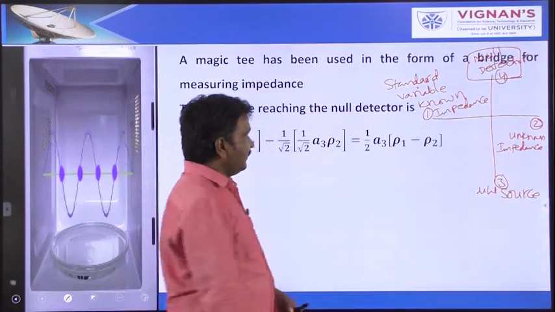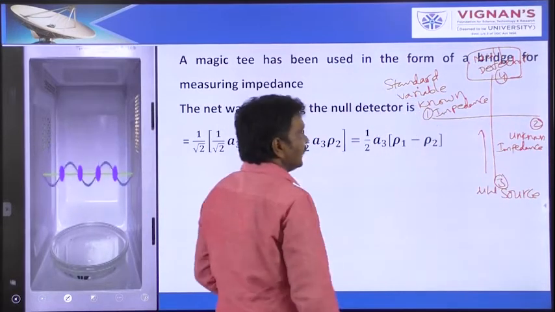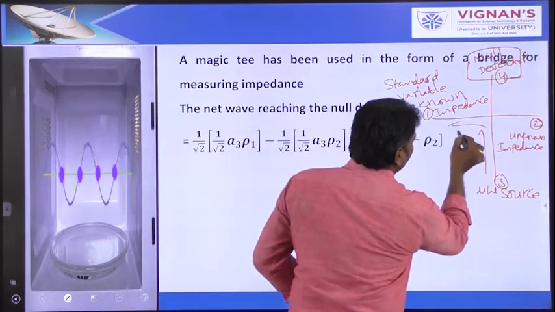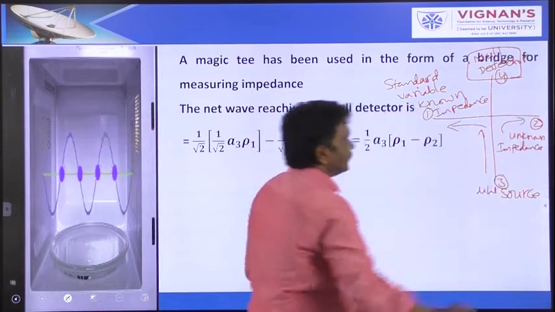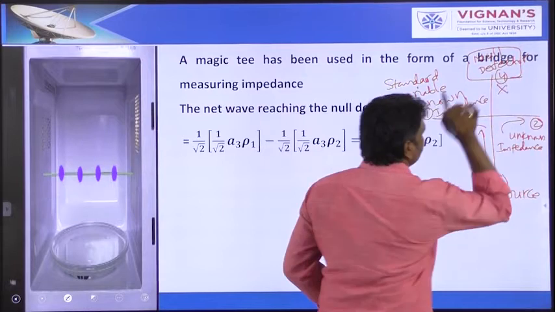If we apply input at this port, we get equal outputs coming out of first and second ports, right? There is no power coming out of this port.